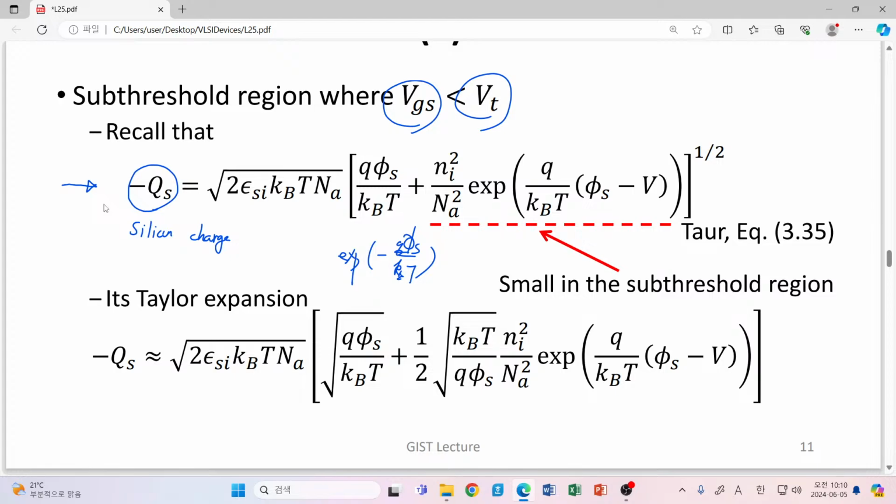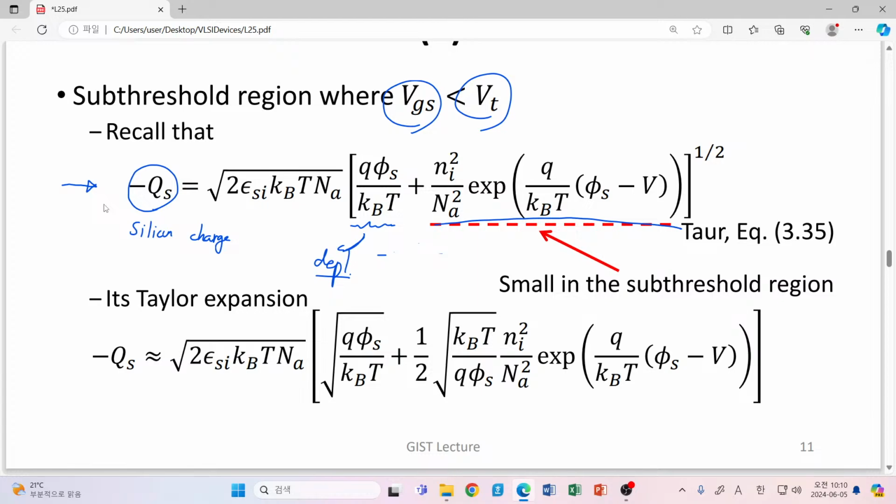However, all of these are not very important because they don't have enough magnitude. So we just consider two major terms. One term, this term, is of course related with our depletion charge, and another term, this term, is related with inversion charge.